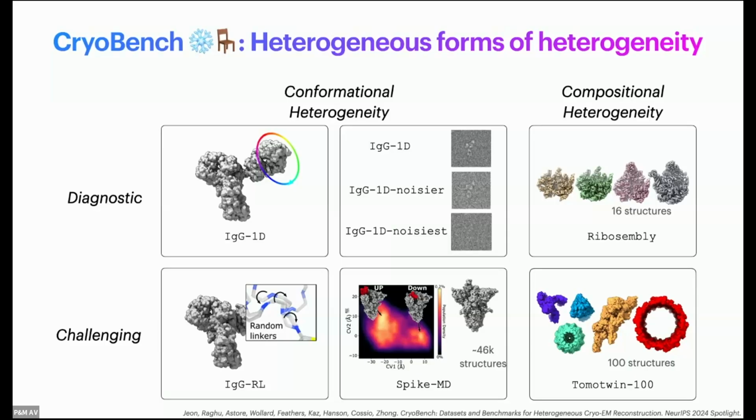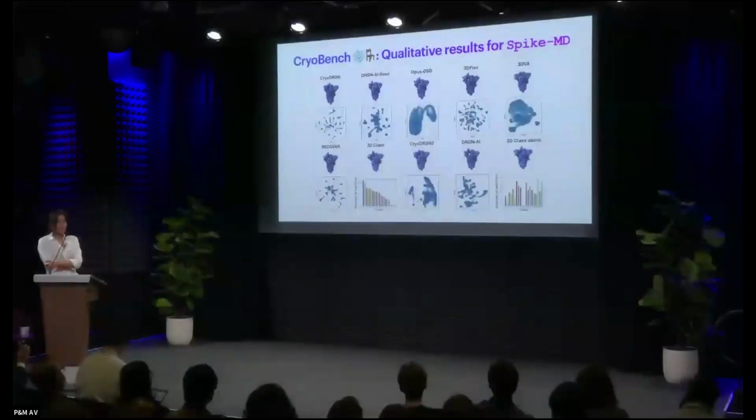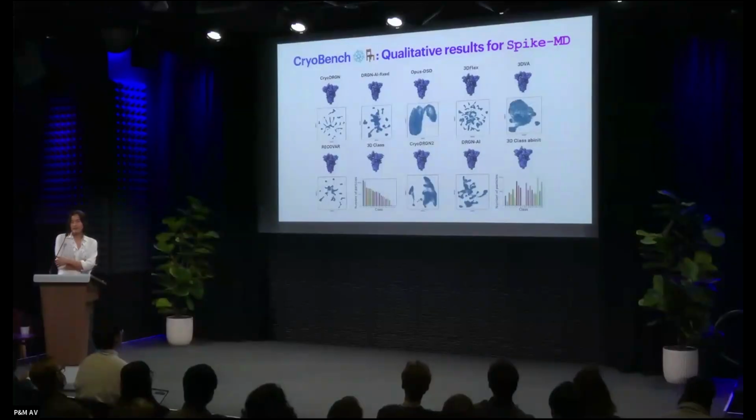One of those is the Spike MD data set. The underlying data set contains 46,000 atomic models sampled from an MD simulation. This is the SARS-CoV-2 spike protein. And these are the results from 10 different heterogeneous reconstruction algorithms. We can see there are lots of different conformations that we reconstruct.